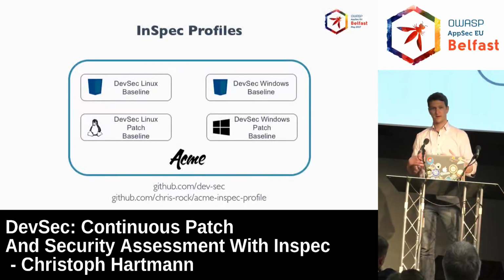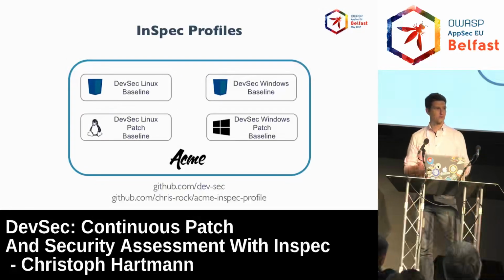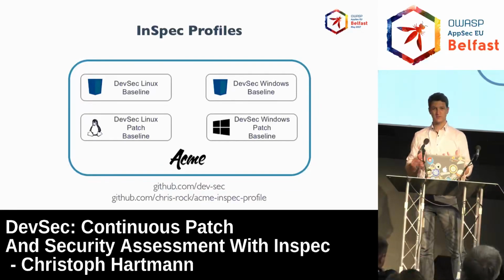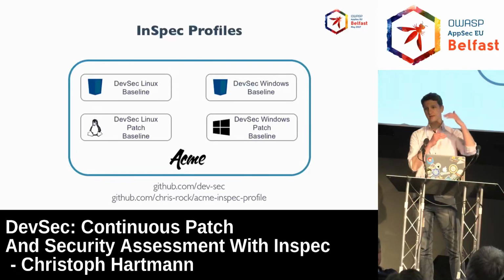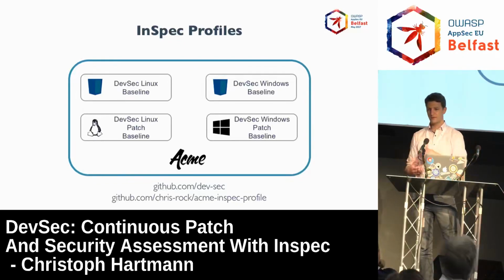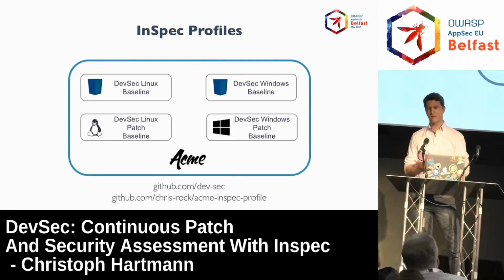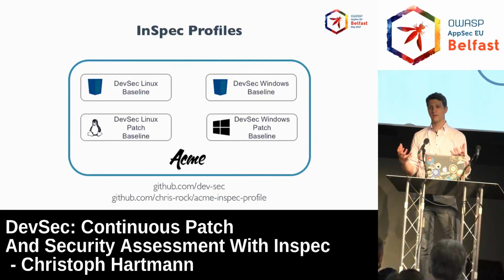So that means as a company, you normally have multiple operating systems. You have maybe Windows and Linux. You want to tie those together. And you want to distribute just one profile to be run everywhere. So we've seen now a Linux baseline is an amount of tasks composed in a baseline. The same for Windows. And we can now define a meta profile that is aggregating multiple profiles.